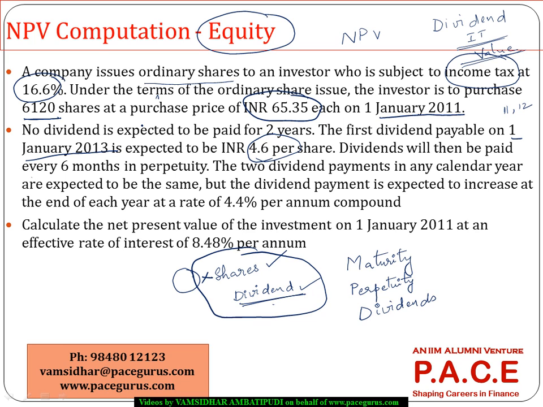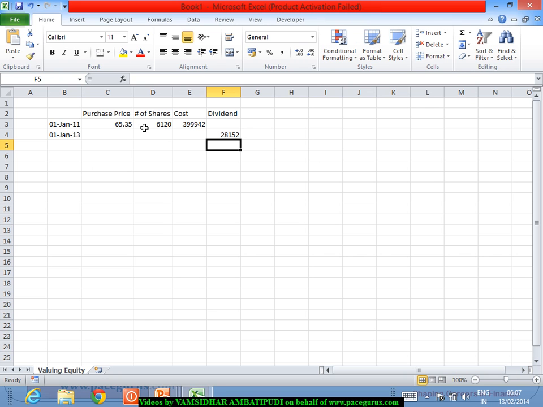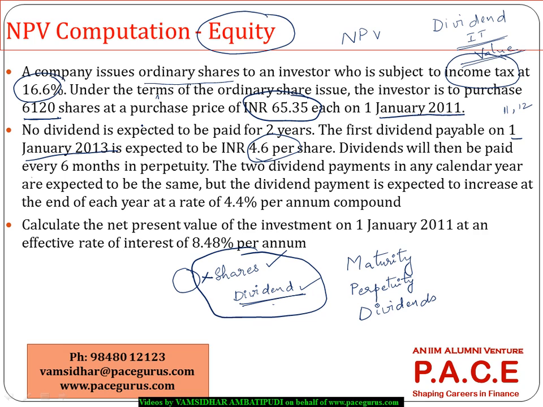Dividend will be paid every 6 months in perpetuity. So probably 1st July 2013 again a dividend of the same 28,152 will be paid.